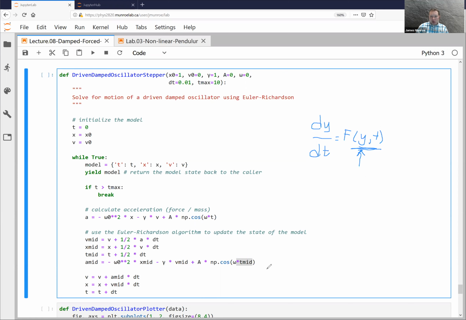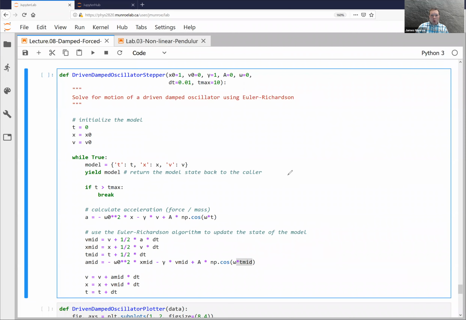So here's a situation where the force depends upon the position, the velocity, and the time. Now, I'll make this into a vector if you want, because what we're really saying is the vector position, velocity, and time. That's the most general form of a differential equation. And what we've learned is how to solve any differential equation of that form.